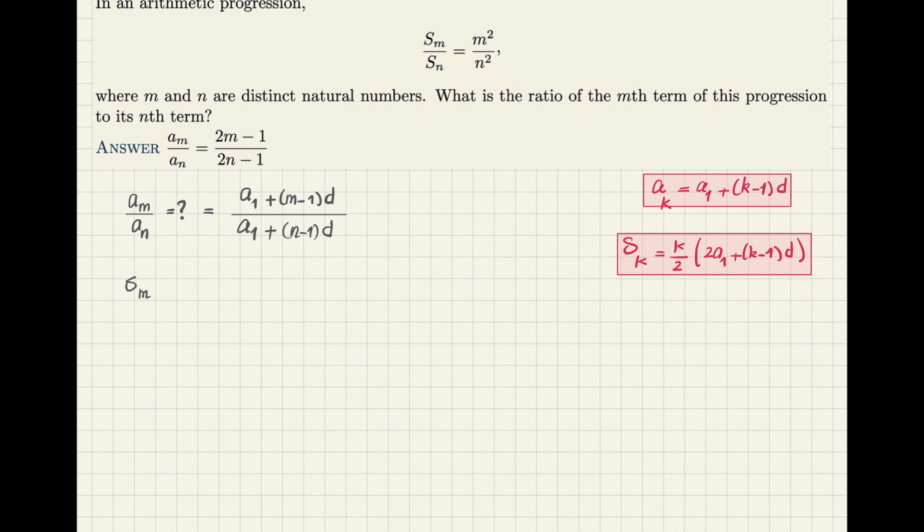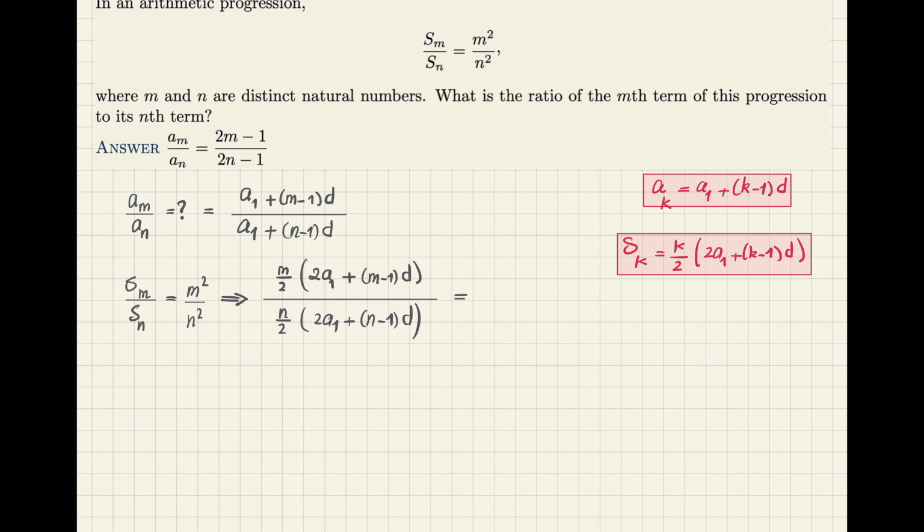I have s sub m over s sub n equals m squared over n squared. Okay, what can I do? Instead of s sub m, I can use this formula and write m over 2 multiplied by 2a sub 1 plus m minus 1 times d, and then divided by n over 2 times 2a1 plus n minus 1 times d.